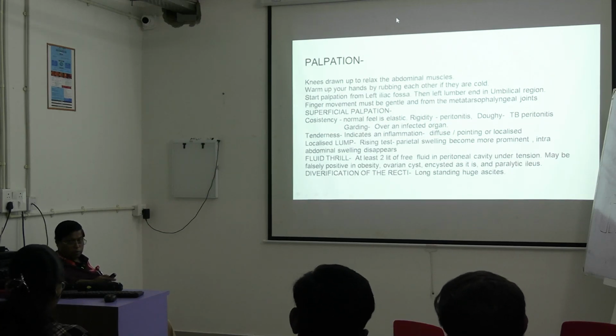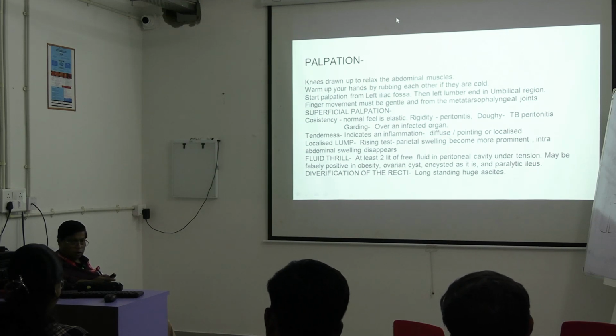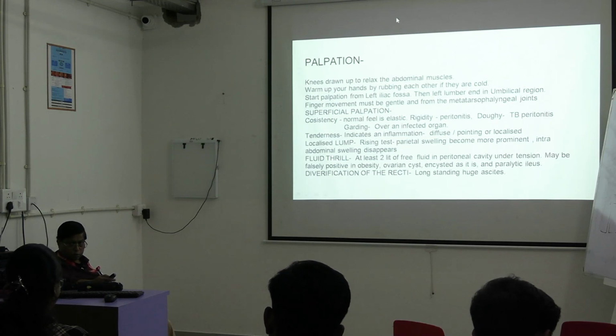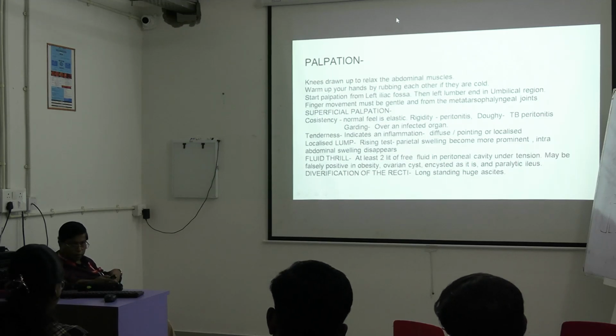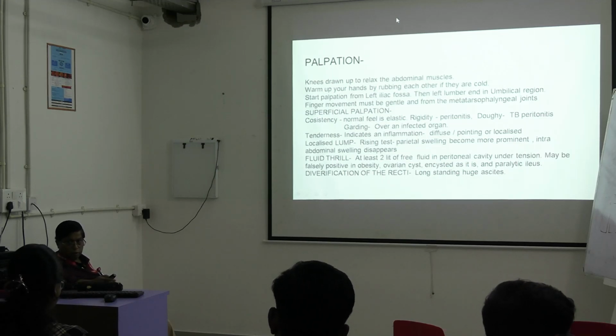When there is a localized lump, always do a rising test. Rising test means the patient is in a lying down position, ask the patient to sit up. If there is a parietal mass, if the mass is in the parietes, in the skin, below the skin and in the rectus muscle, not inside the abdominal cavity, then that mass will be more prominent, because the rectus muscle will contract and the parietal mass will be more visible when the patient sits up, and the opposite occurs in an intra-abdominal mass.